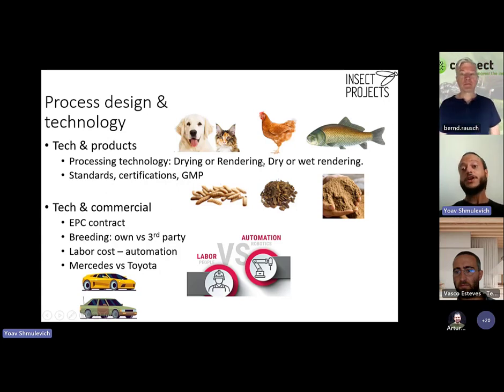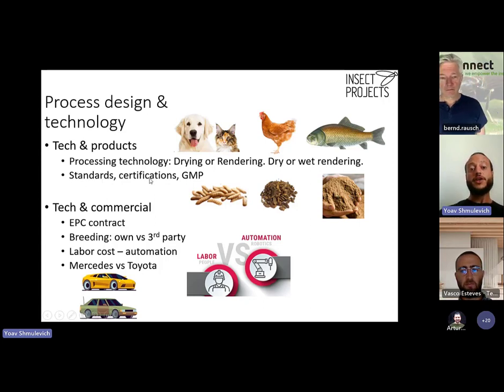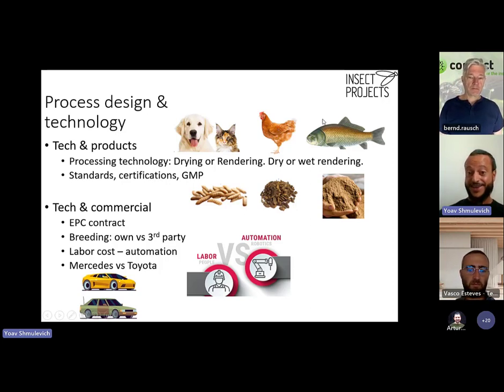And if we choose to render, are we going to use wet or dry rendering? Very strong connection between your products. Why? Because in the end, your end customers, if it's the pets, the chickens, the fish, they will determine what products you're going to make and how you're going to make them. So the standards, certifications, also requirement by your clients will determine what technology you're going to use to produce these products for these clients.